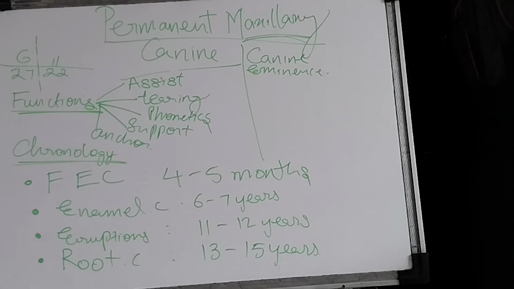Okay, it gives a shape to the face, and it is present on the surface of the superior maxillary bone. So this canine eminence is present in the maxillary bone, and it is caused by the socket of the canine tooth. So basically there are sockets, right?